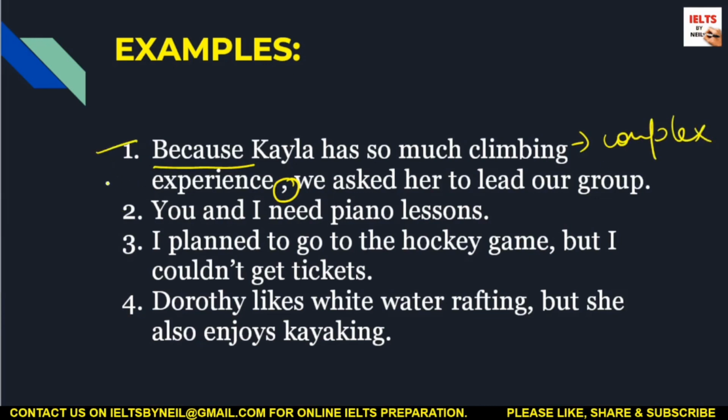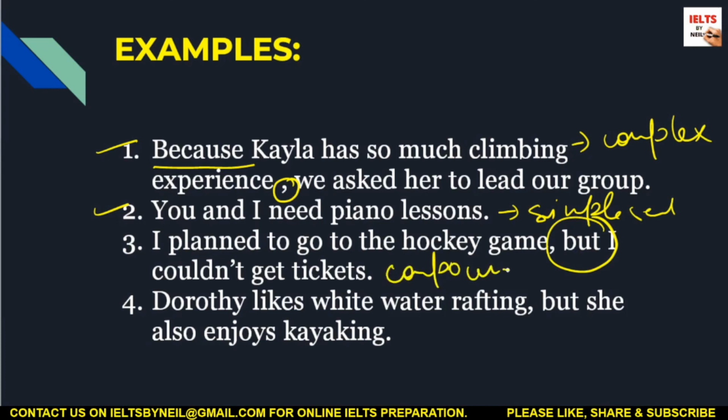Okay, number two, you and I need piano lessons. So no conjunctions are being used here, so it will be a simple sentence. I planned to go to the hockey game, comma, but I couldn't get tickets. This is a coordinating conjunction. So it will be a compound sentence.